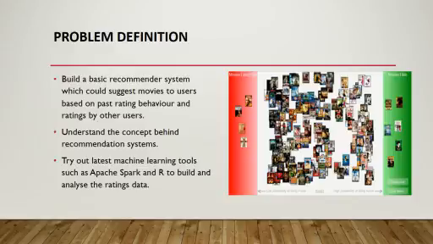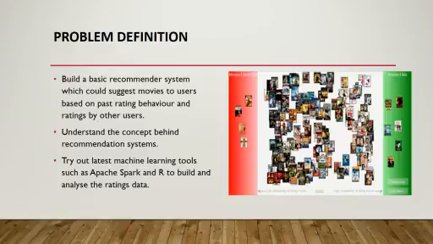As I said, the basic problem definition was to build a basic recommendation system which could recommend movies to a user based on their past rating behavior and based on the ratings the movie received from other users.